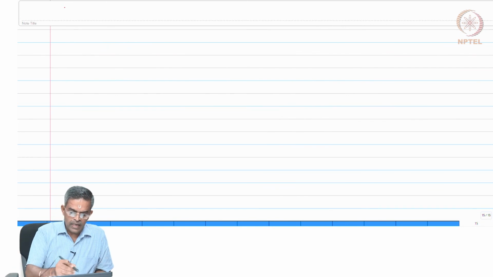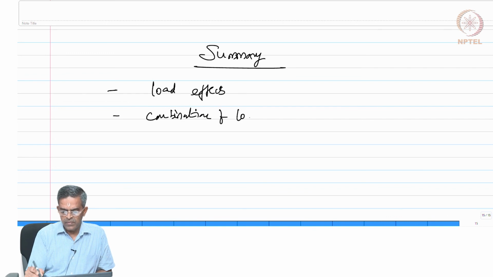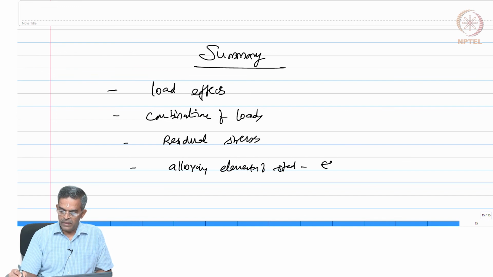So, friends, as a summary in this lecture, we learnt about the load effects, about the combination of loads, about the residual stresses, and also we learnt about the alloying elements of steel and their effect on strength.